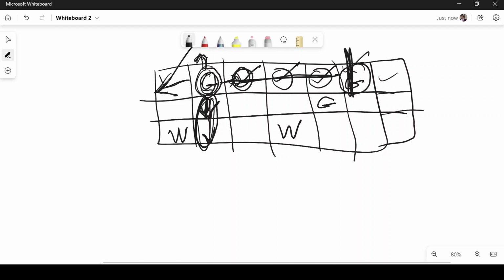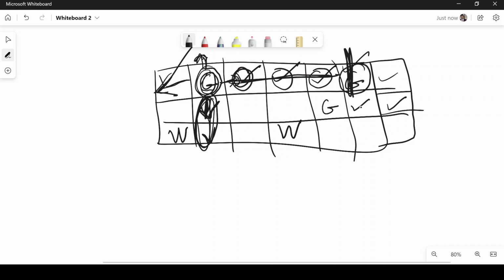If we look into another guard, then if we see this guard present in the second row, I'll just make it a little bit clean. Okay, this is a row, this is a row, and this is a guard. Okay, now it's good. So this guard can see here again in four directions. This cell is unoccupied, this cell is unoccupied. So this guard can see these two cells. So these cells will be guarded by this guard.